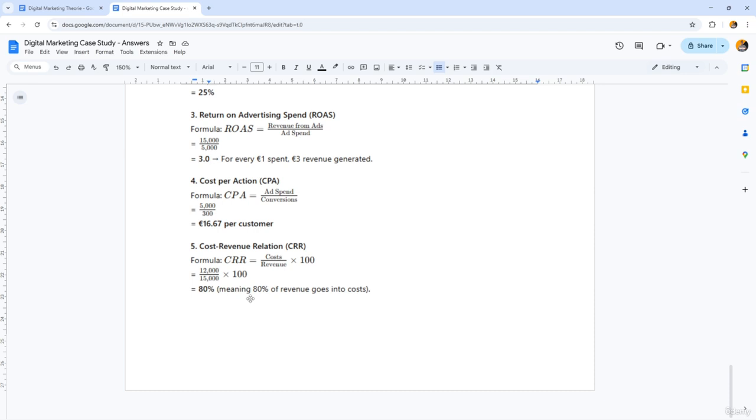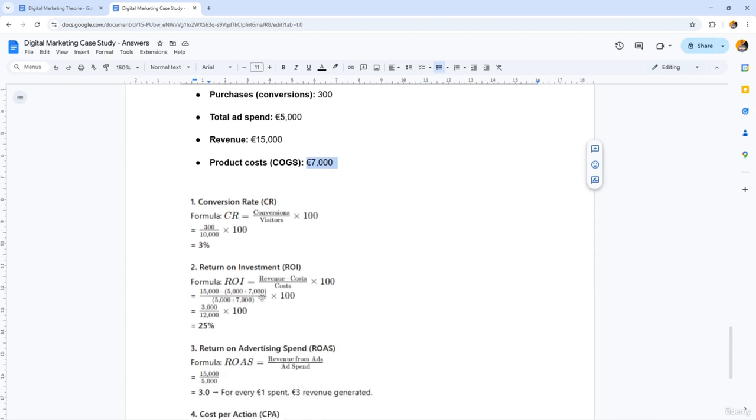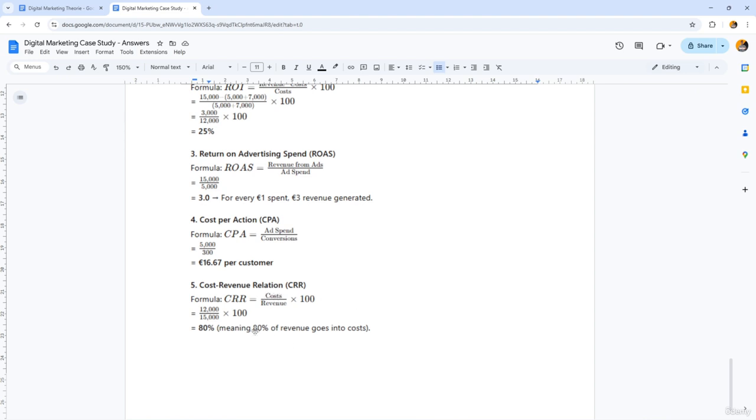So 20% of each sale is profit. Again, here we have different costs for hosting, maybe for employees, for taxes and whatnot. So it's not 20%, but it is still better than having here a 95, because the lower this number, the better we are with costs.